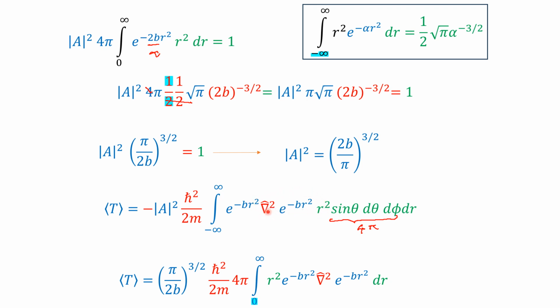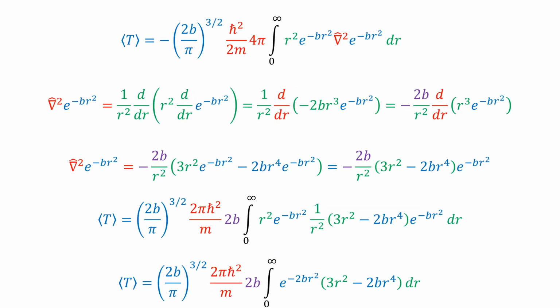So only this psi del squared psi only. So to avoid confusion, I have taken this r squared in front. So this will become r squared e power minus p r squared del squared e power minus p r squared dr. Then we will see how it's going to be simplified.